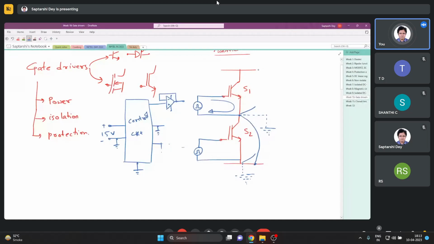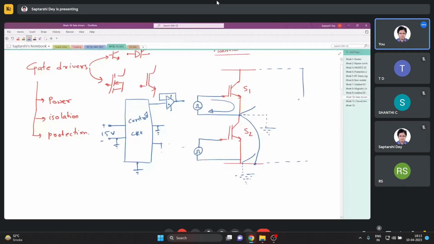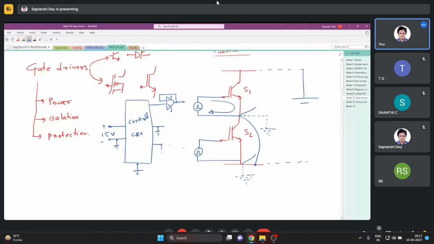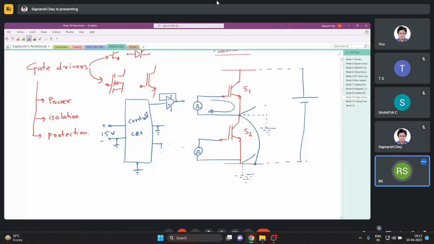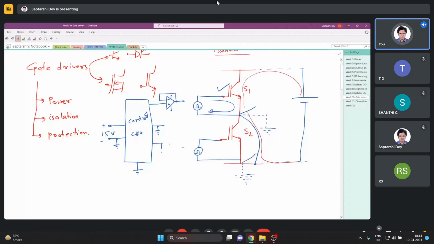So what is happening now, these two points are shorted, right? Now we have a DC voltage source here for the inverter. In this condition, if you keep it like this and you turn on S1, a current is going to flow through S1, then like this. So the DC voltage source is going to be short circuited.